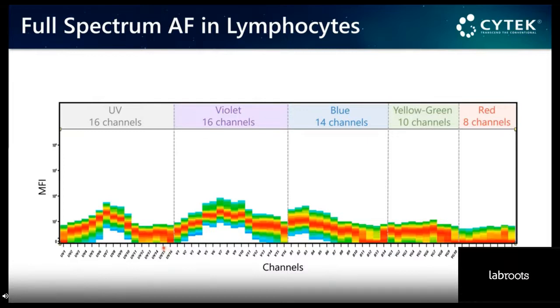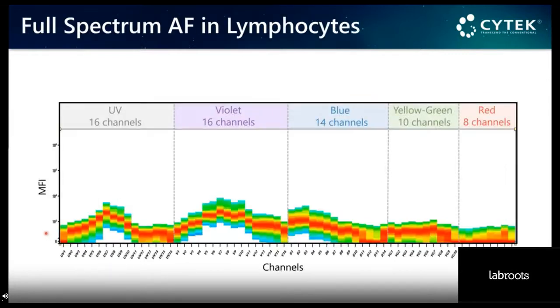What we are seeing in lymphocytes is that they have a discrete intensity, higher emission on the UV7 and violet 7 detectors, a little bit out of the blue, not much emission out of yellow, green, and red detectors, considering this is the 0 in intensity.